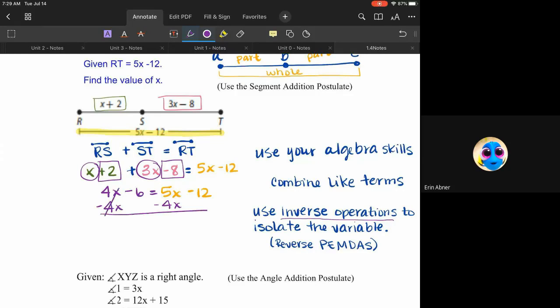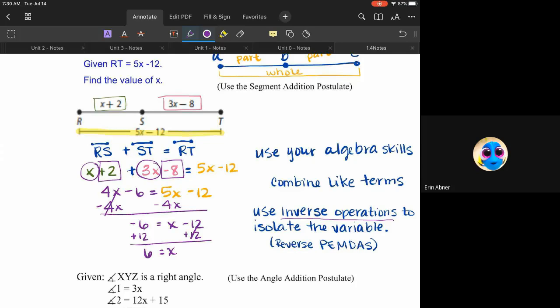That cancels out. That leaves me negative 6 is equal to x minus 12. In that case, I'm going to move everything away from the x, so I've got to move the 12. So I'm going to add 12 to both sides. I'm left with a positive 6 over here is equal to x.